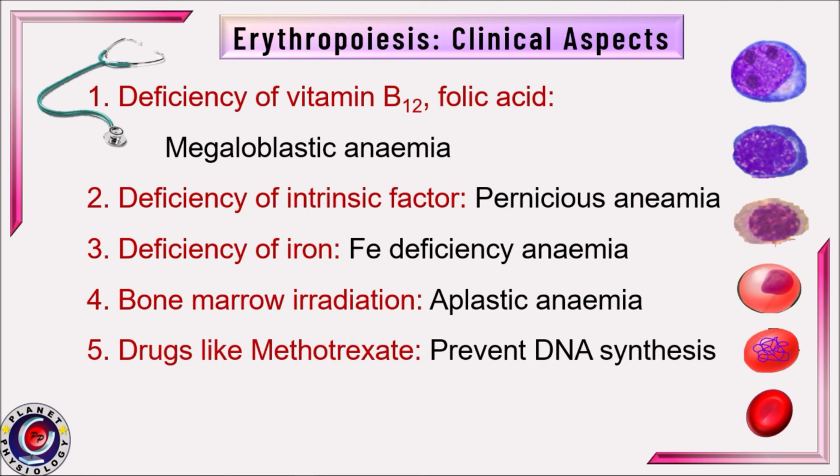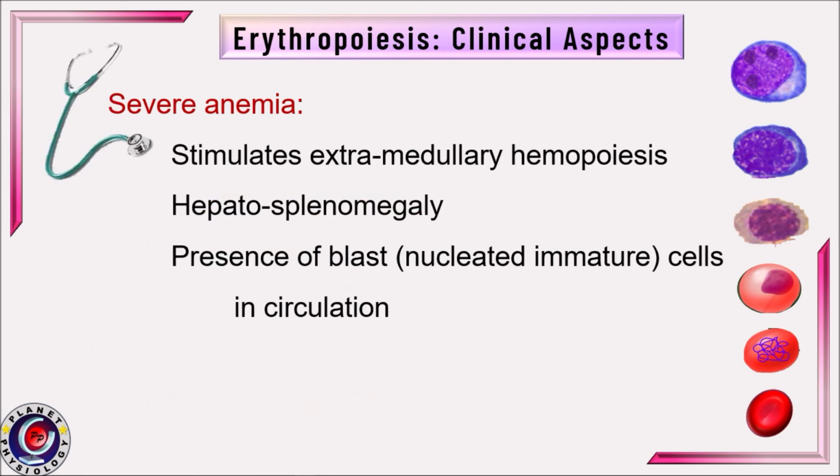There are certain toxic drugs like methotrexate which can destroy the stem cells and that can lead to anemia. And as we have seen in the beginning, if there is any chronic renal failure, it will lead to anemia because erythropoietin will not be available in sufficient quantity. Severe anemia will lead to hypoxia, which will demand more production of RBCs.